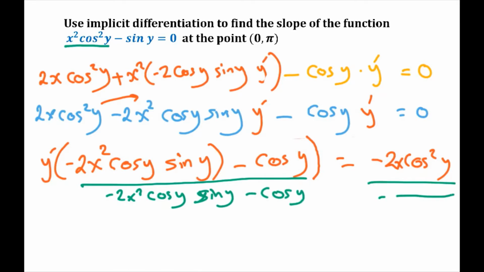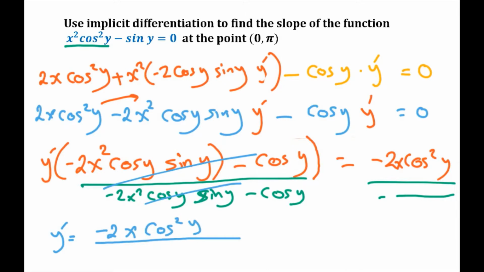So the final answer will be y prime equals negative 2x cosine squared y over negative 2x squared cosine y sine y minus cosine y.